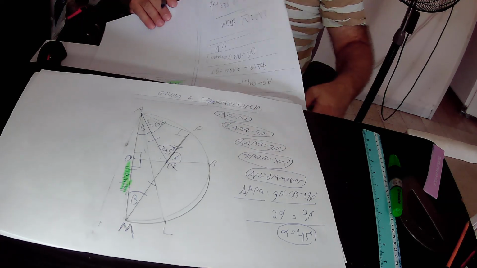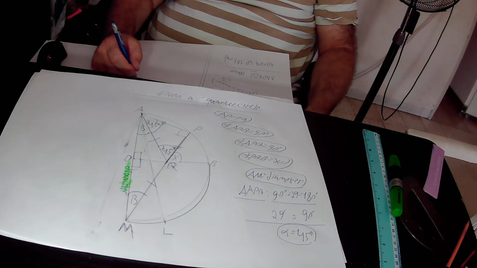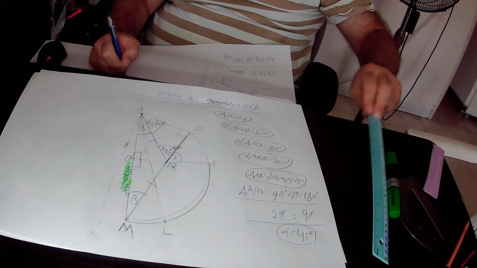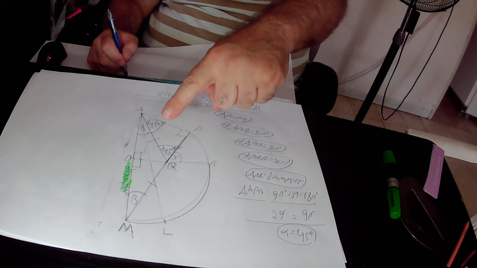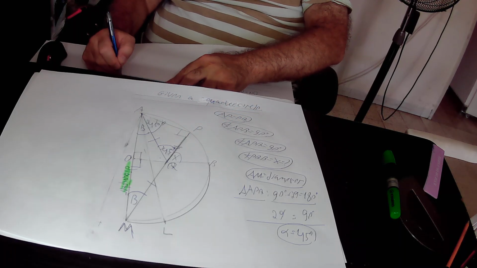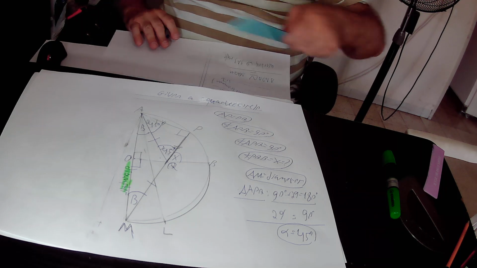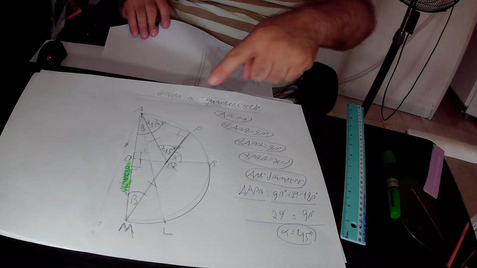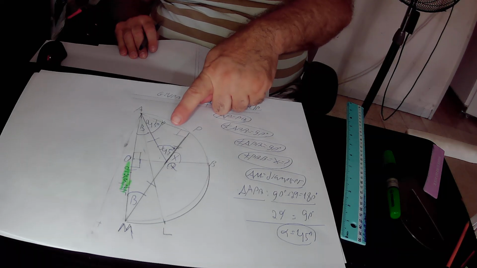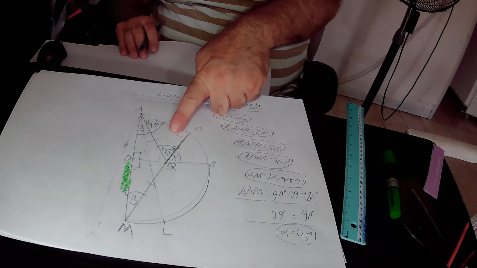And again, if we relate to the big associated triangle AQM, triangle AQM is an associated triangle because side AQ equals side QM. So in this big associated triangle AQM, angle AQP is an exterior angle.